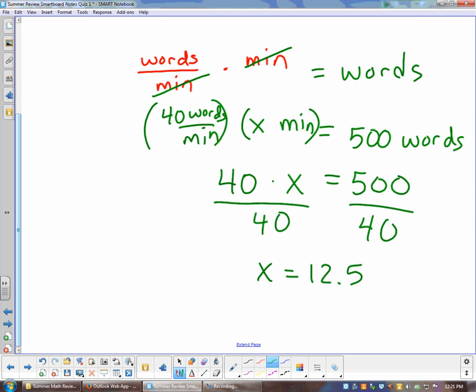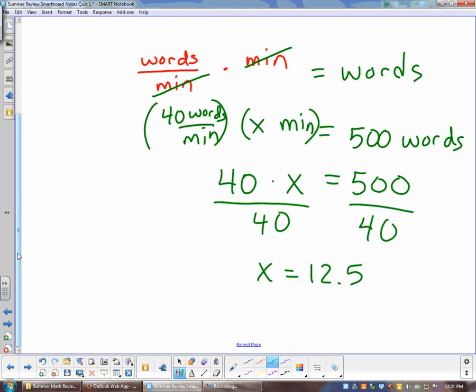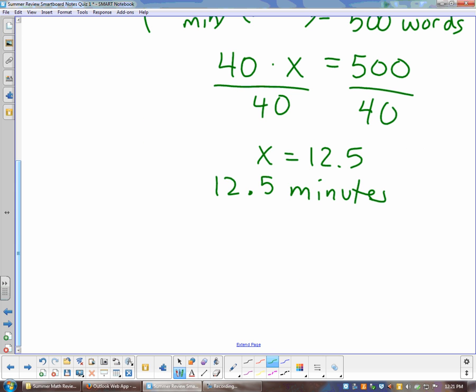So to answer the question, let's put units in our answer. It is asking how long should it take her to type her essay. It should take her 12.5 minutes. That's really 12 and a half minutes, or 12 minutes, 30 seconds. All right, let's take a look at another problem.